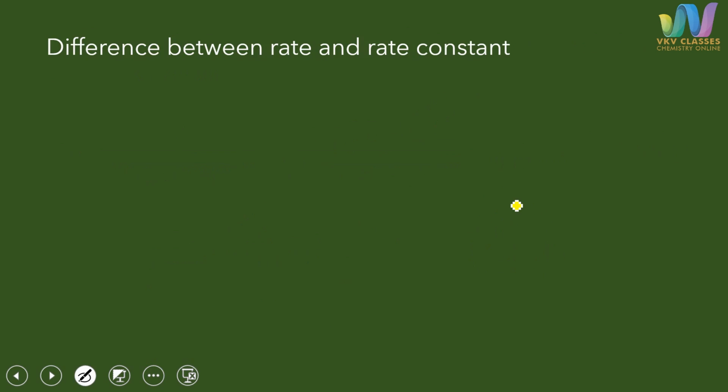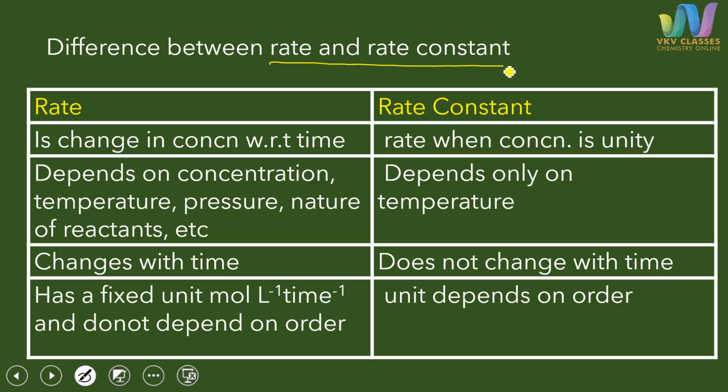Now let us see the difference between rate and rate constant. The first difference is that rate is the change in concentration with respect to time, whereas rate constant is the rate when concentration is unity.